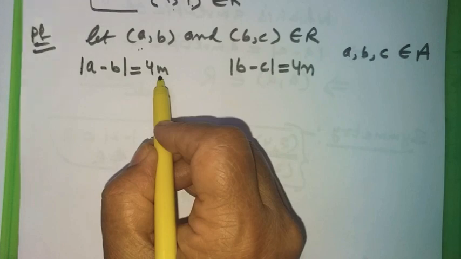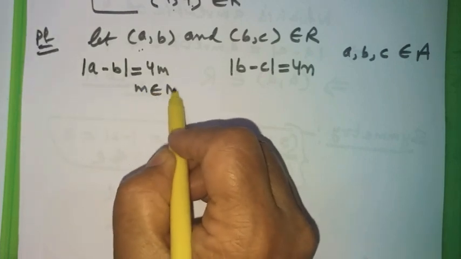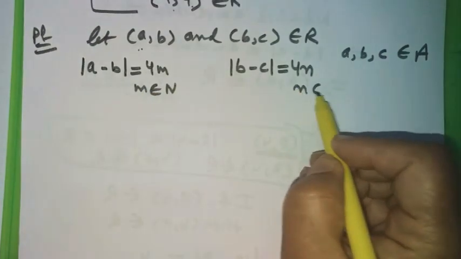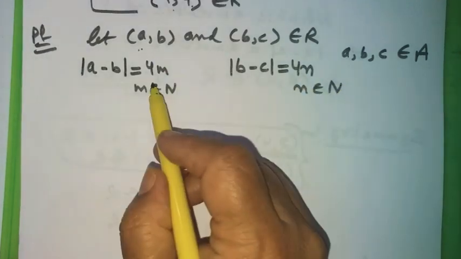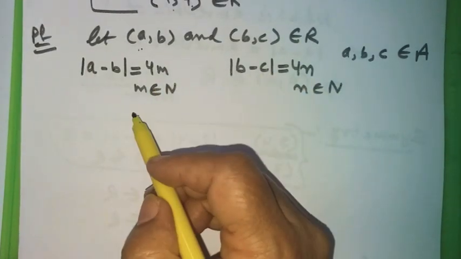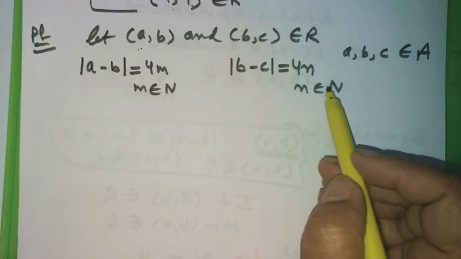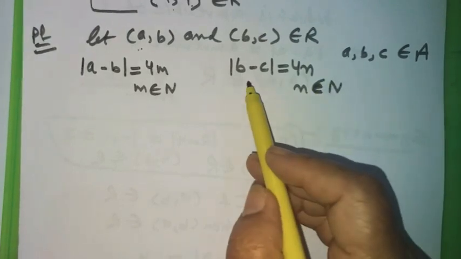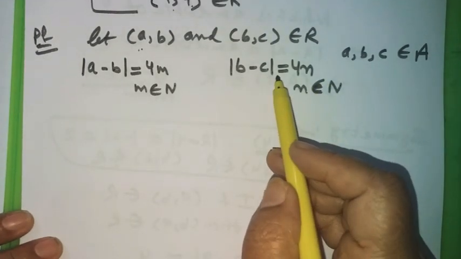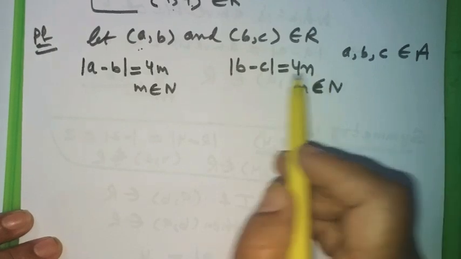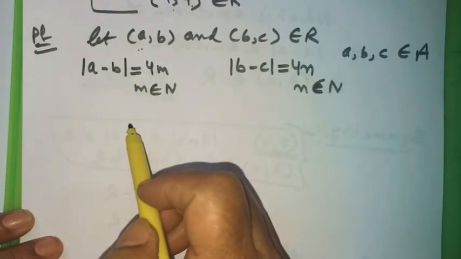Here I have used the natural number m, and here I have used the symbol n. m and n could be the same, they could be different. We don't know. So let their difference be a multiple of 4, and let their difference also be a multiple of 4.